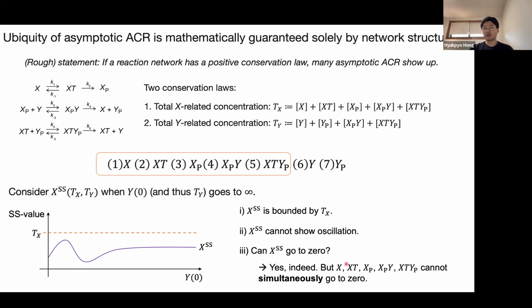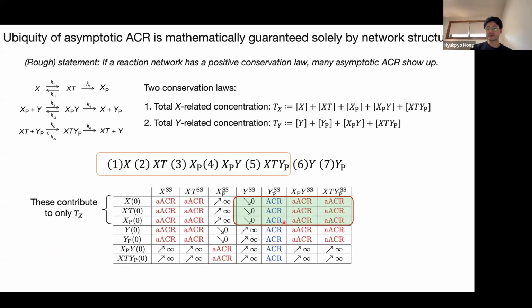So at least one of them must be strictly positive. For that species, we can say that it must show asymptotic ACR, because the steady state level converges to a strictly positive and finite value less than or equal to T sub X.